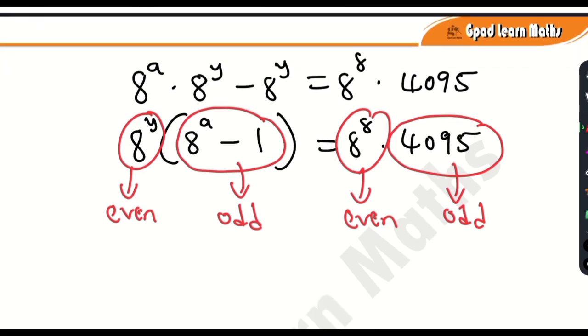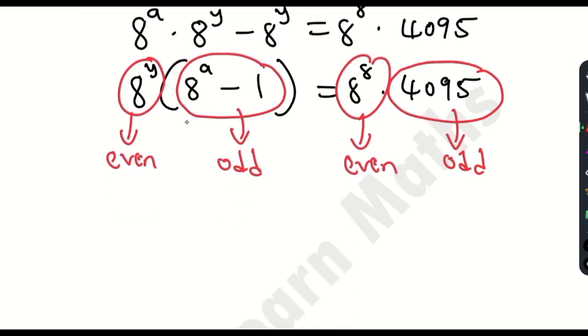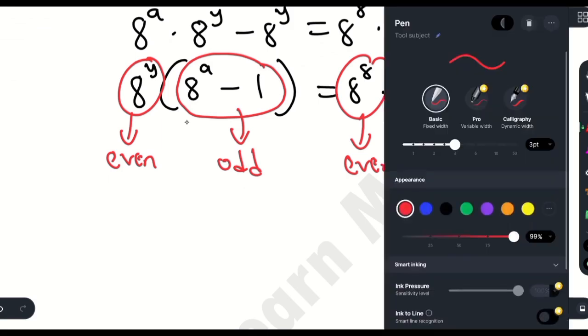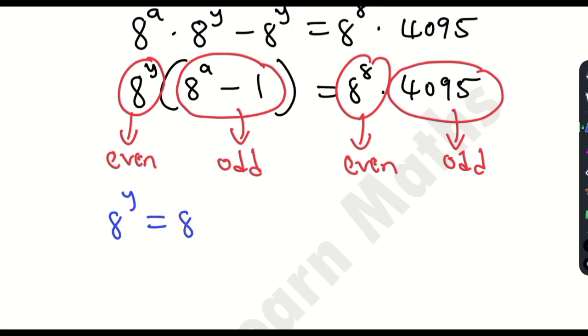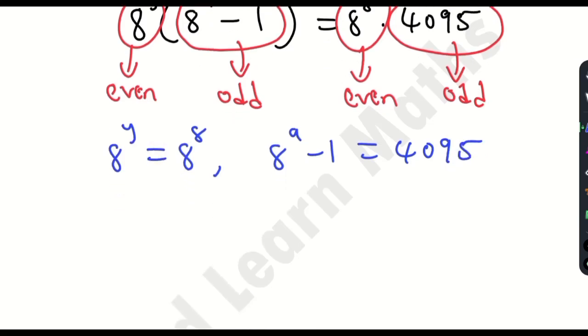So I would have to say that 8 raised to power y is equal to what? 8 raised to power 8. And then 8 raised to power a minus 1 is equal to 4095. So I just did the comparison and I have it like that.